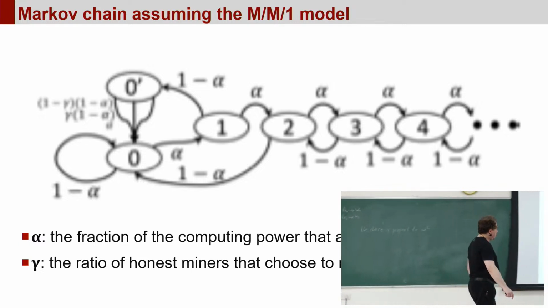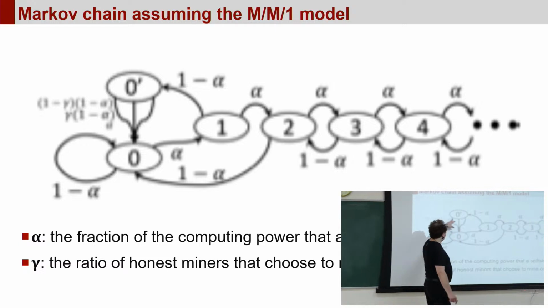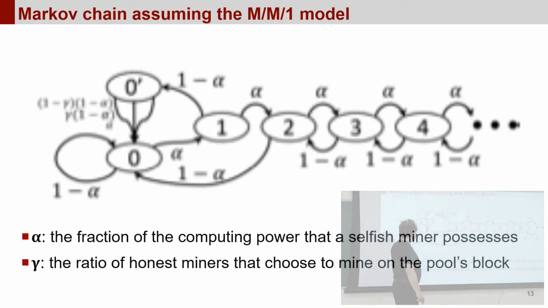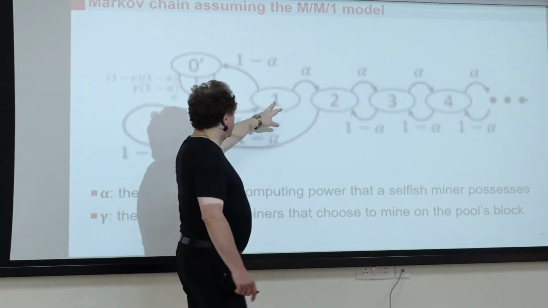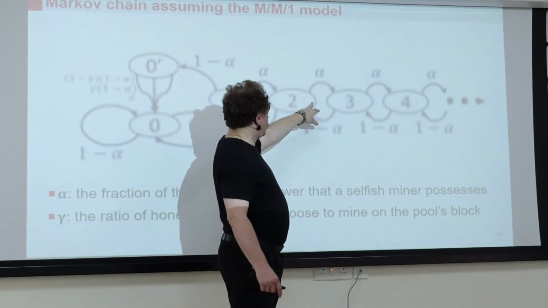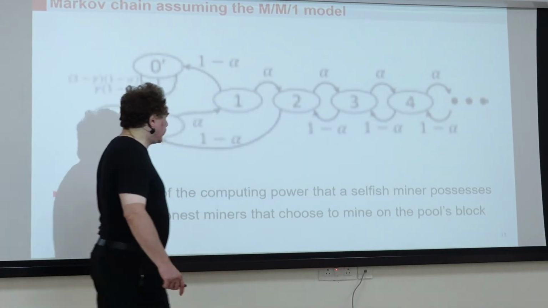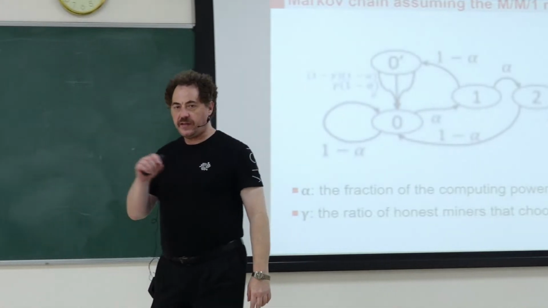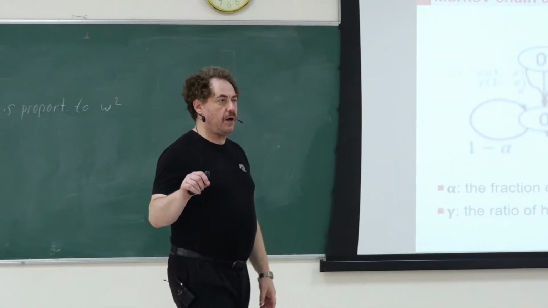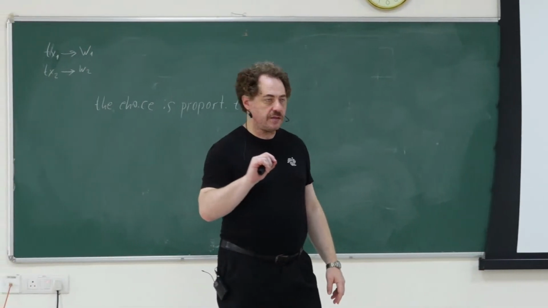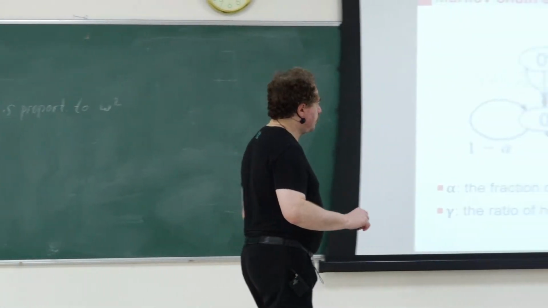Now, these are the states of the Markov chain, and the states are modeled by 0, 1, 2, 3. Those are the delta, the difference of the length between the private chain and the public chain.